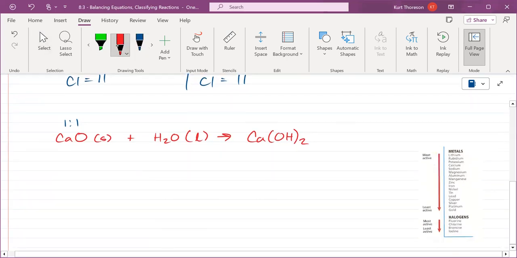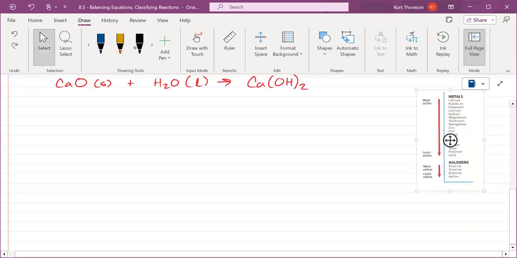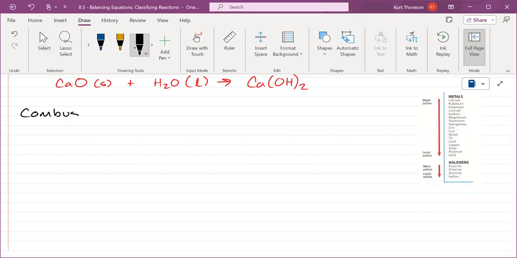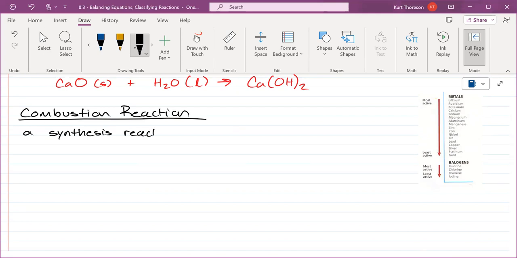Okay, the second type of reaction is called a combustion reaction. It is a synthesis reaction with oxygen gas as a reactant.